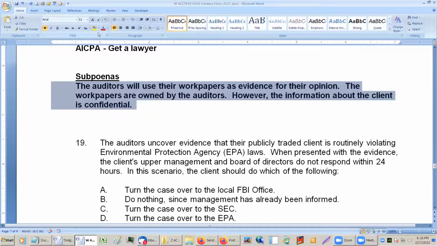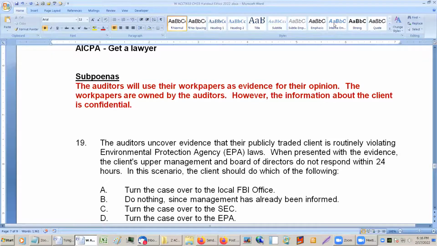So the auditors get all this information on the client, it's in their work papers, and those work papers are owned by the auditors, not the client. It's their evidence. If they ever get dragged into court, they're going to pull out this evidence and say, look, we did this, this, and the other thing.